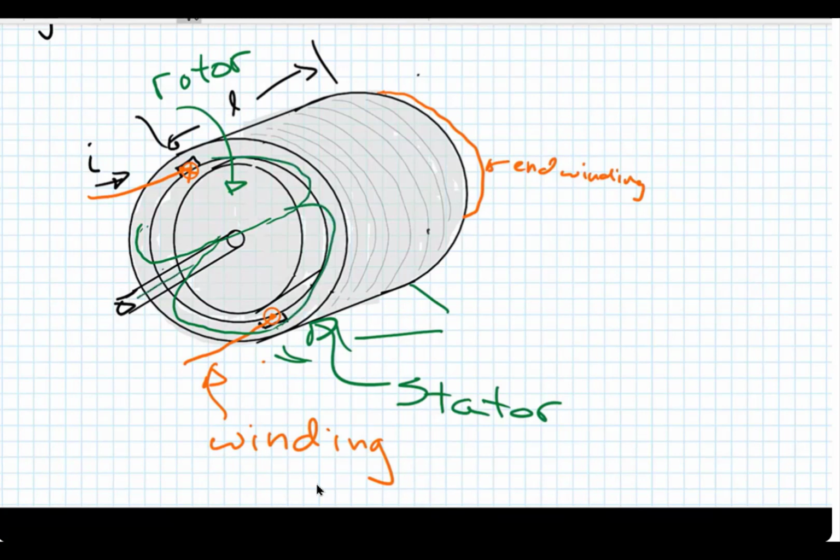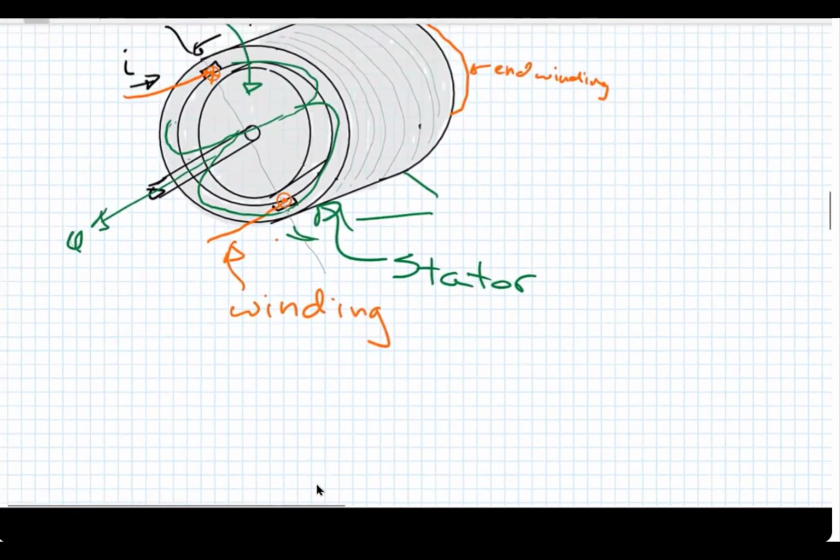A lot of times you just see an arrow that says I've got this flux right here in the quadrature axis, quadrature to the line between the supply and return of this. That's where your flux is, right here.